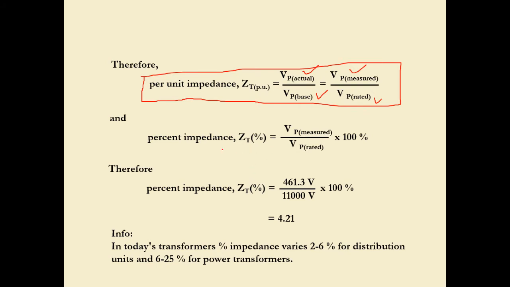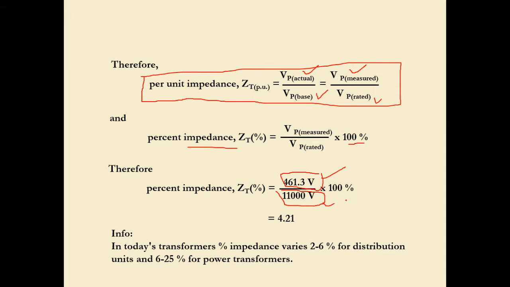Therefore, ZT percent, or percent impedance of the transformer, is equal to VP measured over VP rated multiplied by 100%. Then from our example, VP measured is given here, and this is the VP rated, 11 kV.